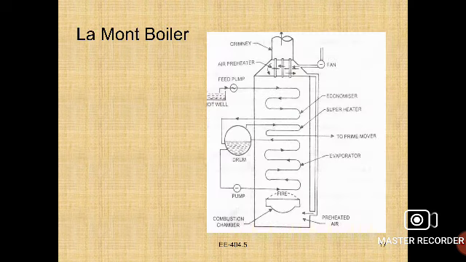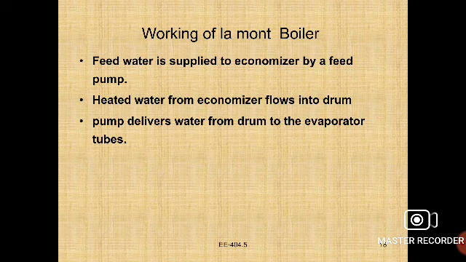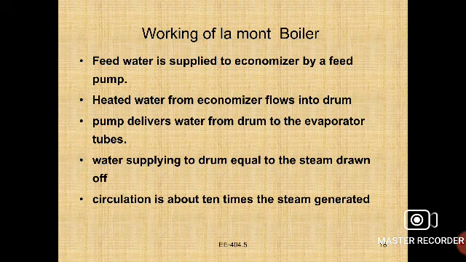Next is the working of the Lamont boiler. The feed water is supplied to the economizer by the feed pump and heated. The pump delivers the feed water to the evaporator tube.